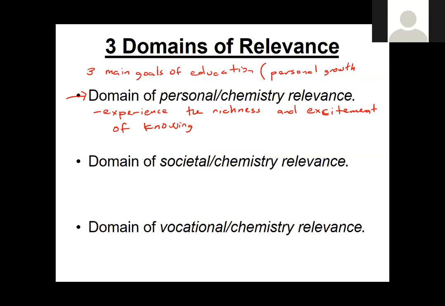So in this domain, we want our students to have personal growth, which is one main goal of education.